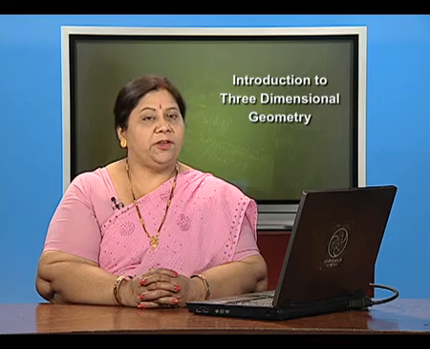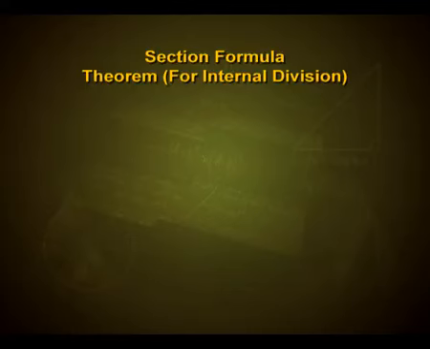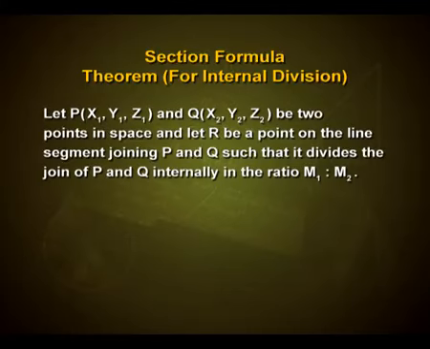Now, let us introduce ourselves to the section formula. Let us take points P (x1, y1, z1) and Q (x2, y2, z2) be 2 points in space, and let R be a point on the line segment joining P and Q such that it divides the join of P and Q internally in the ratio m1 is to m2.